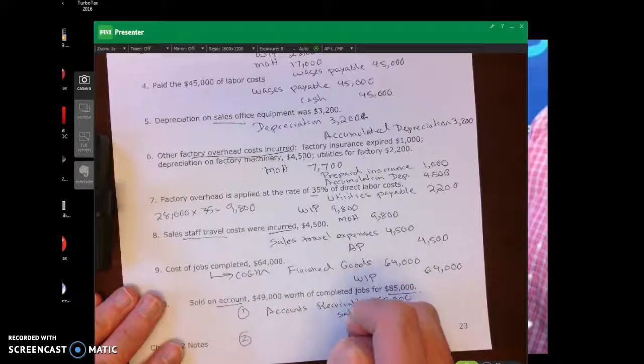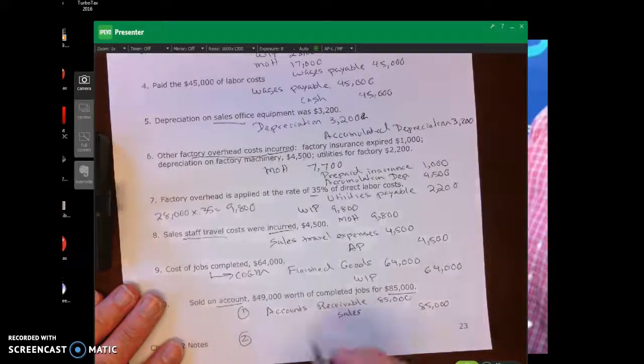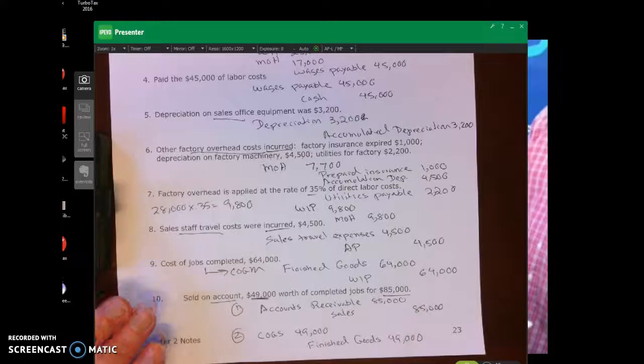Credit to sales, $85,000. Then the second journal entry is to recognize the cost of goods sold. So we're going to debit cost of goods sold for $49,000, and then we will credit finished goods for $49,000. So let's talk about these two journal entries in a little bit more detail.